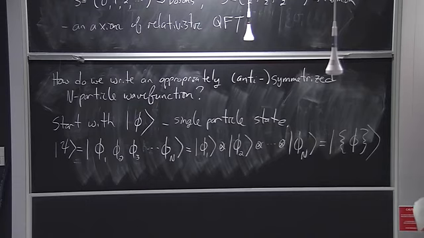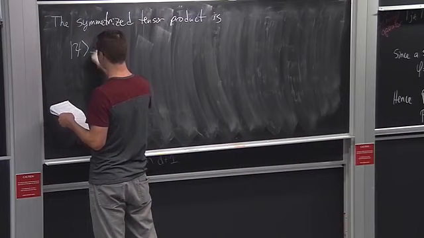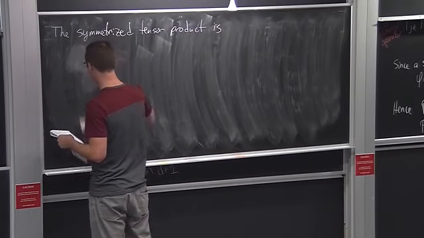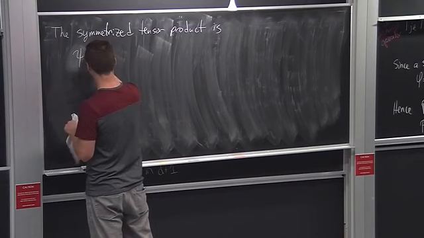And so the symmetrized tensor product, or anti-symmetrized, would be, let me write it explicitly as a many-body wave function.